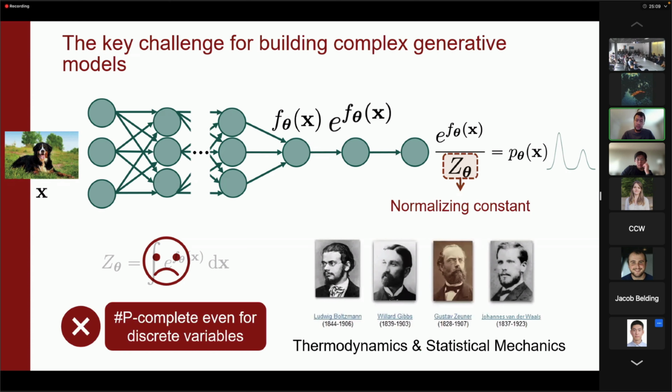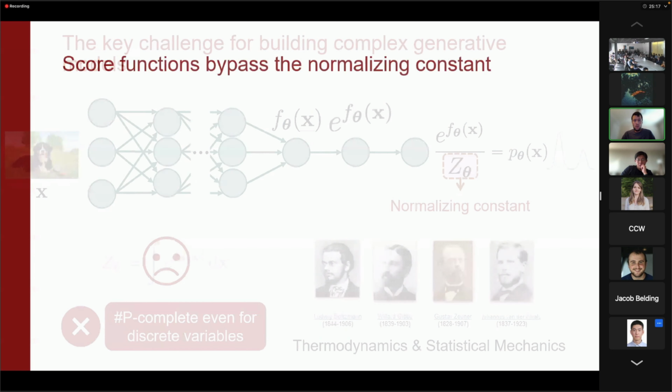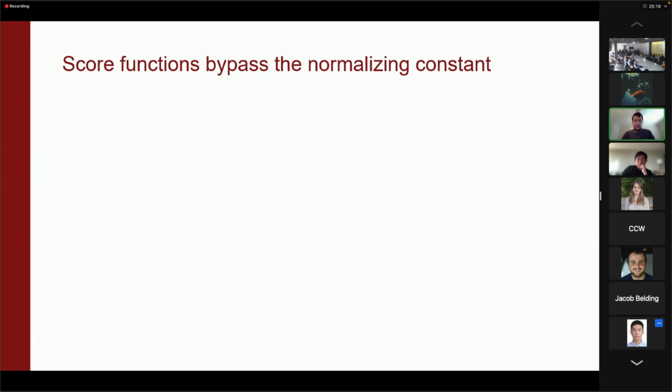It's hard to compute, and there's been a lot of work in physics and other disciplines in trying to approximate this quantity. So one way diffusion models get around the complexity of dealing with the partition function is by bypassing it completely, working with the score function instead of working with the likelihood, the probability density function directly.